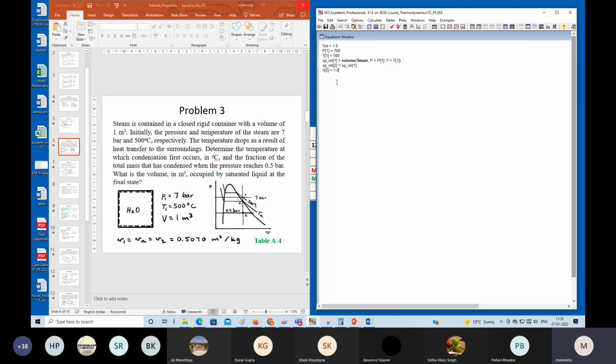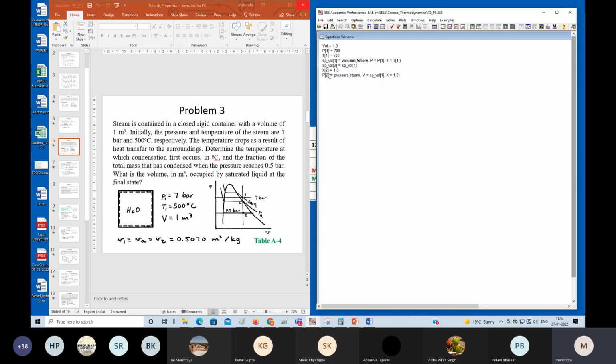Let us see. P2 equal to pressure, steam, and then V equal to SP1, comma, at x equal to 1.